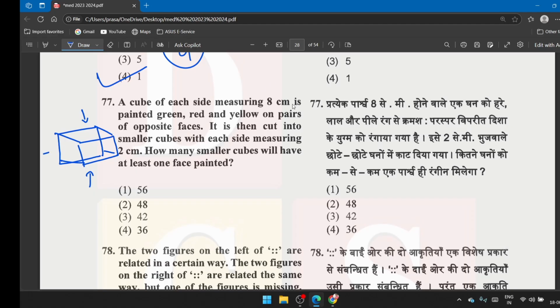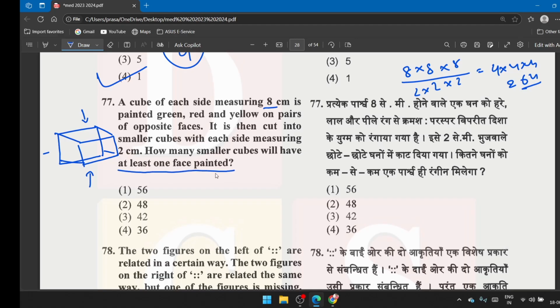Okay. Now, if a cube of 8 into 8 into 8, okay, is cut and made of 2 into 2 into 2. So, how many smaller cubes will appear? 4 into 4 into 4. That is 64. Now, out of 64, how many smaller cubes will have at least one face painted?